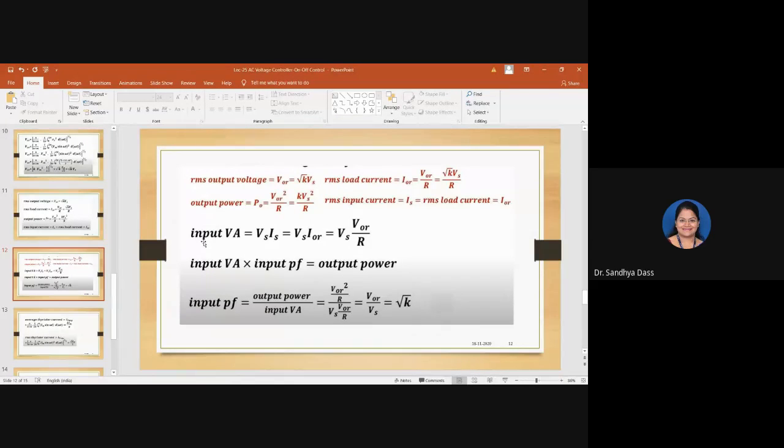So input volt amperes is given by Vs into Is. Since Is is nothing but the RMS input current, which is also equal to the RMS load current I naught R, we can also write input volt amperes as Vs into I naught R, which is the RMS output current.